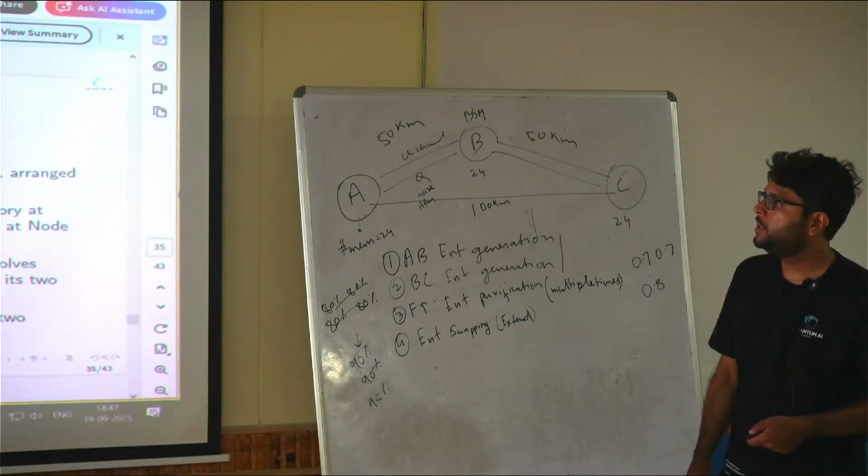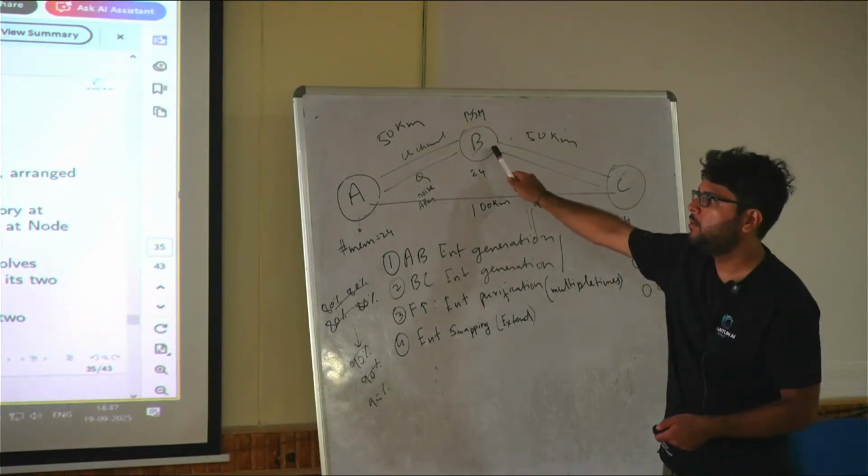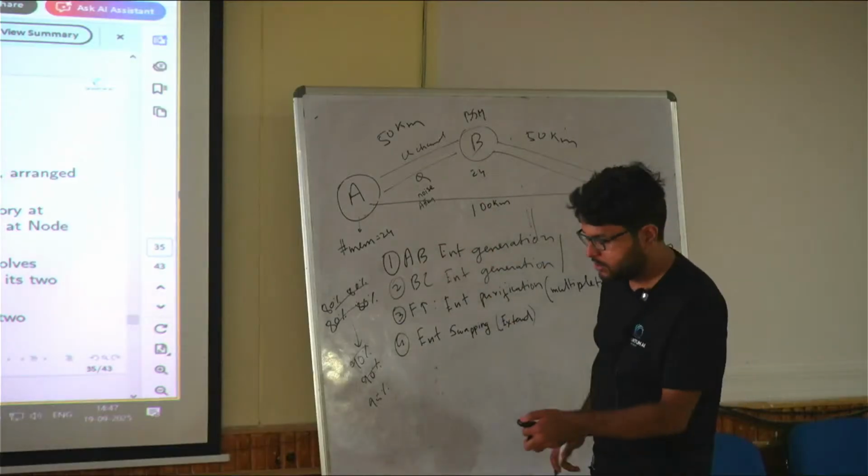So the initial setup is an A and B pair, and a B and C pair, with B as the BSM node. The joint measurement effectively swaps.